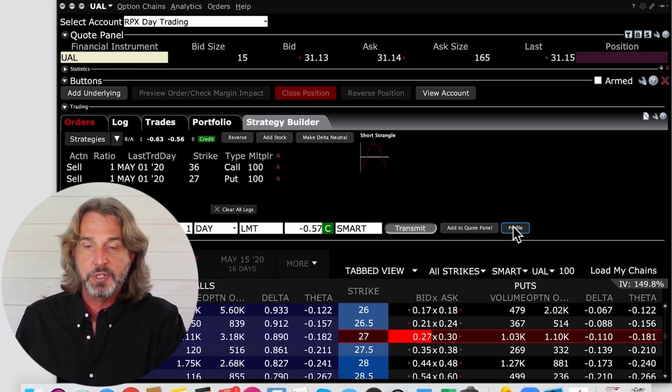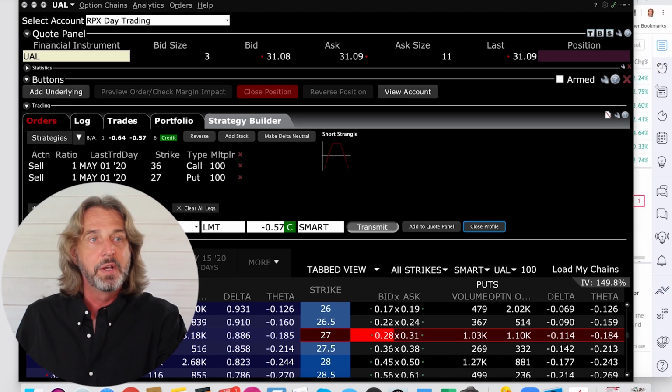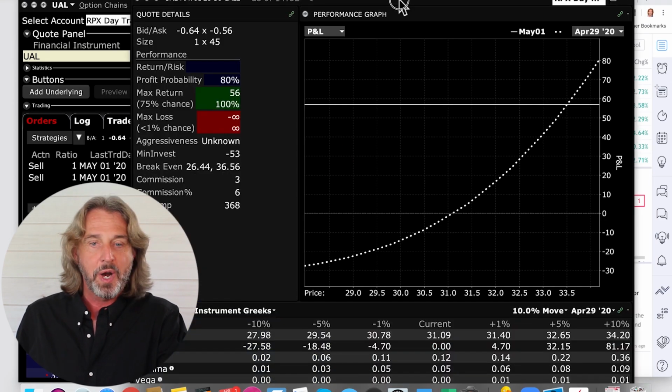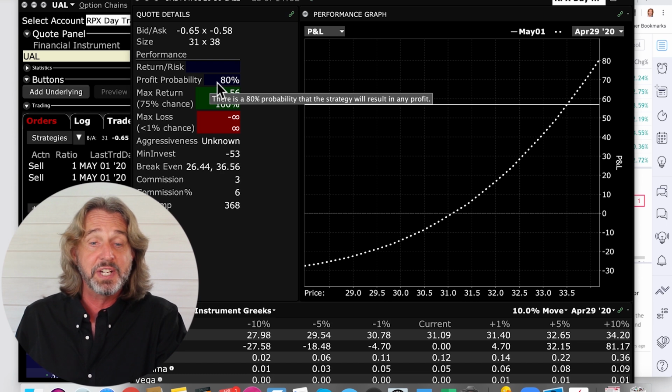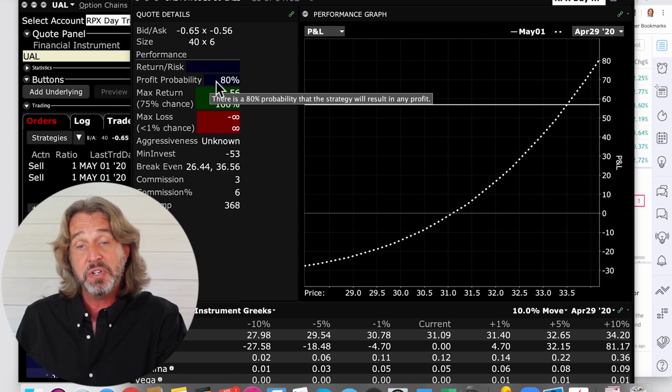It is possible to generate a profile. So it shows me a risk profile where I'm selling a call and I'm selling a put, and you see I would make $56 in 2 days. So tomorrow, if it stays right in between there, the probability of success is 80%. There's an 80% probability that the strategy will result in a profit.